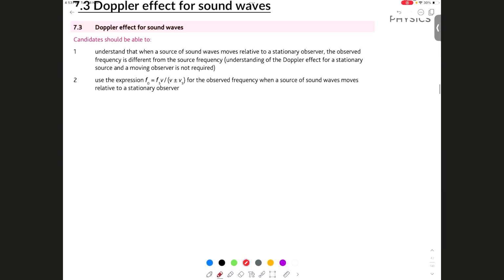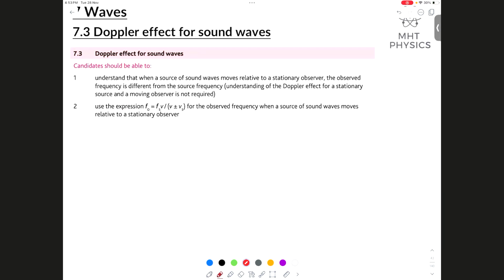Okay, I'll be showing you something right now. This is basically what the Doppler effect is. So we need to understand what is going on here. Let me show you what it is. I'll show you a couple of demonstrations.